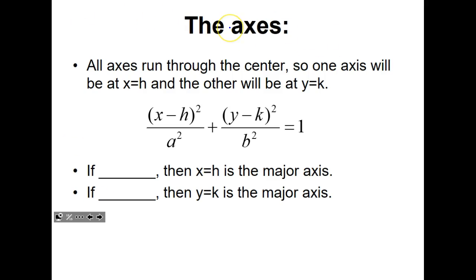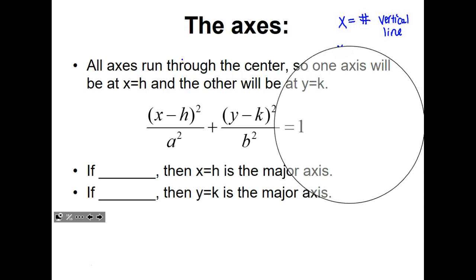Okay, the axes are easy but a little bit confusing. So the main thing we've got to remember is x equals a number is a vertical line, and y equals a number is a horizontal line.